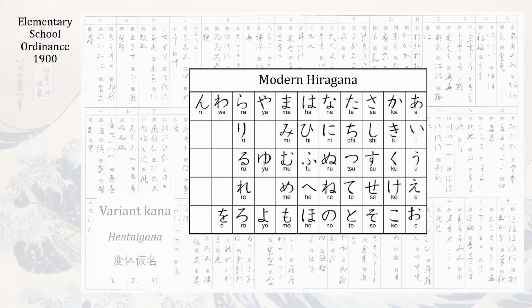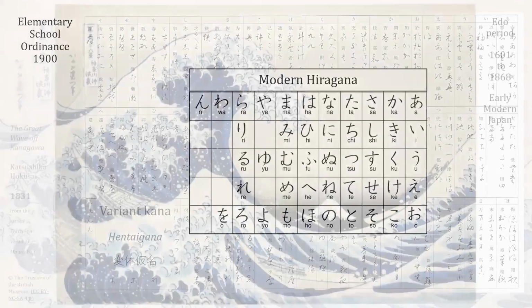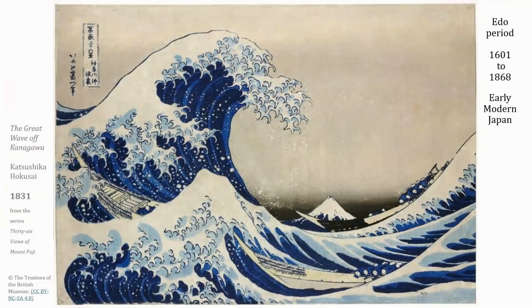And I think we can instinctively recognize what's going on here because from our point of view, there's a lot of redundancy. But I want to take you into the historical context so that we can think differently about what's going on. So here we are in the Edo period, Japan's early modern, and that goes from the 17th century to the later 19th century.